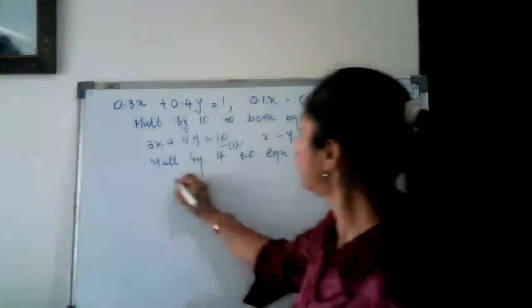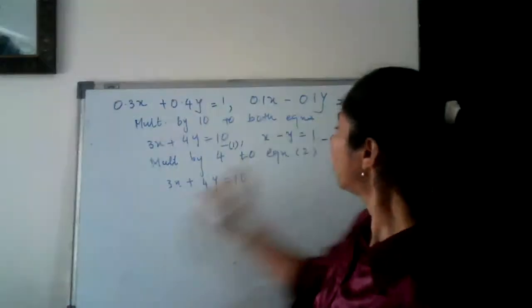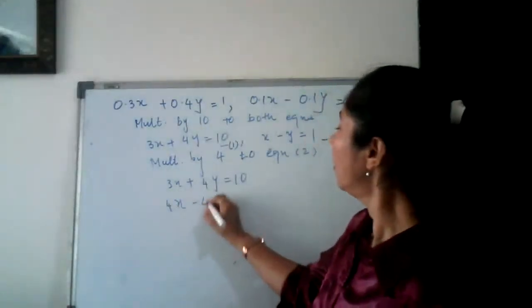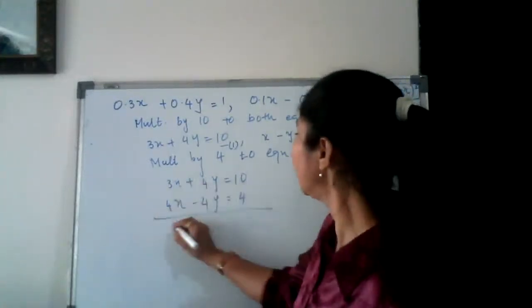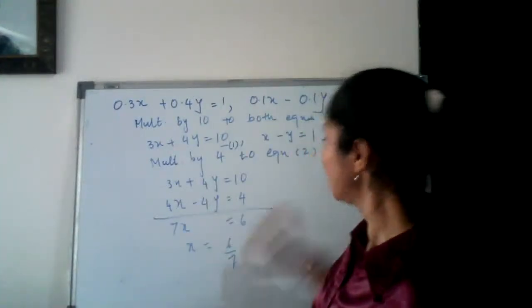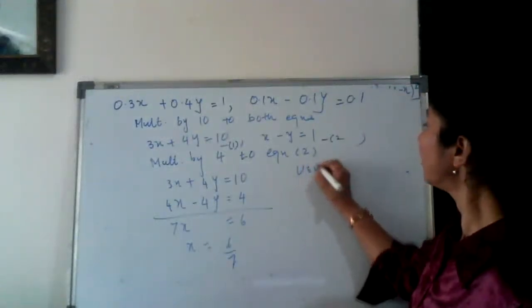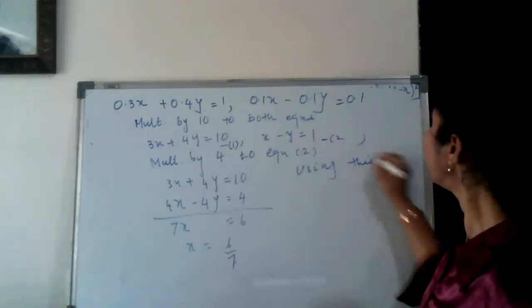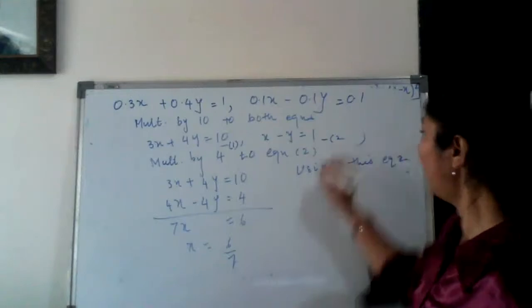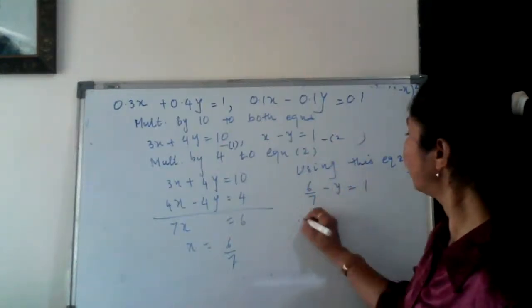So multiplying equation 2 by 4, what do I get? The first one as it is, 3x plus 4y is equal to 10. And the second equation, when it is multiplied by 4, we get something like this. So we get 7x is equal to 6, so x is equal to 6 upon 7. Substituting this value in equation 2, we get 6 by 7 minus y is equal to 1.